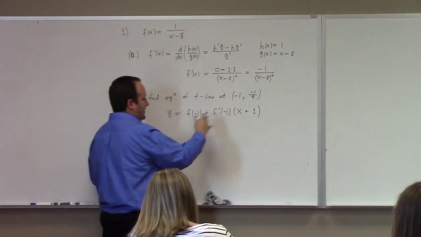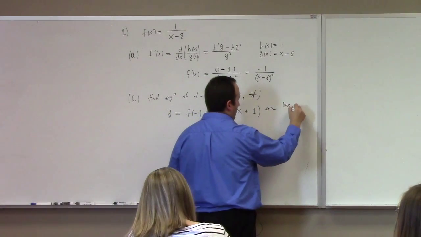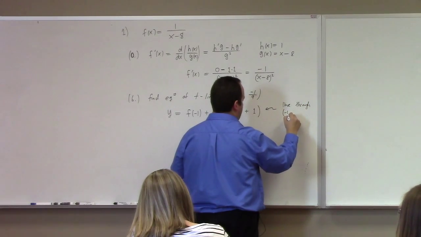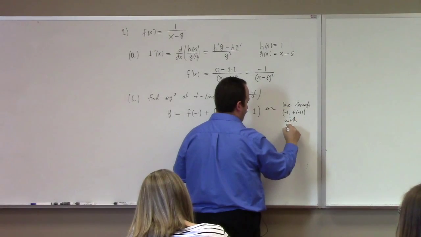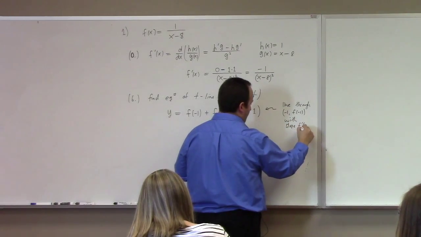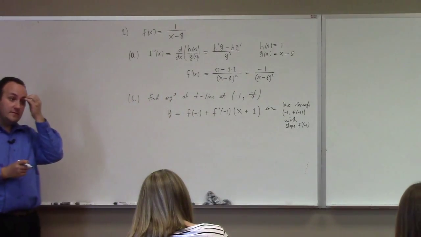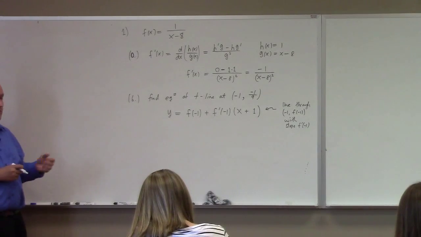And so that will give me a line through the point minus 1 comma f of minus 1 with slope f prime of minus 1. That's my template. That will give me the equation I'm looking for. The question then is, what are those quantities?